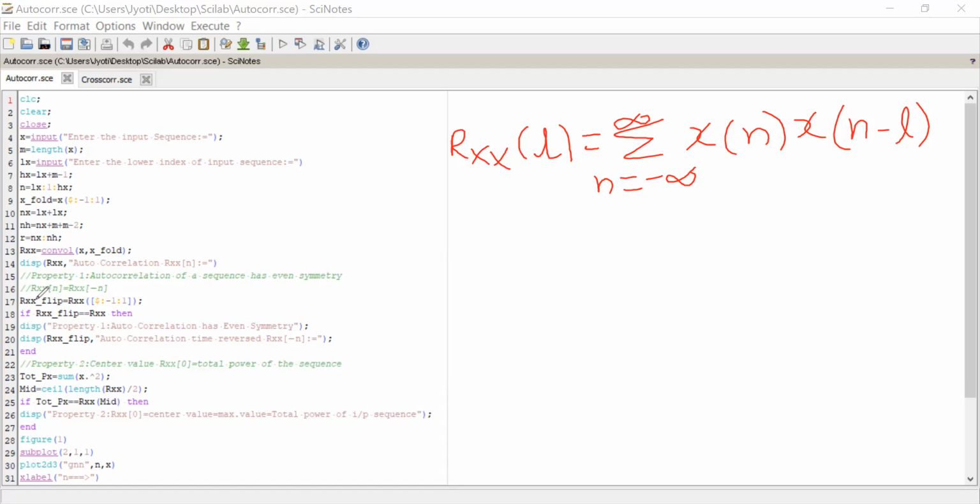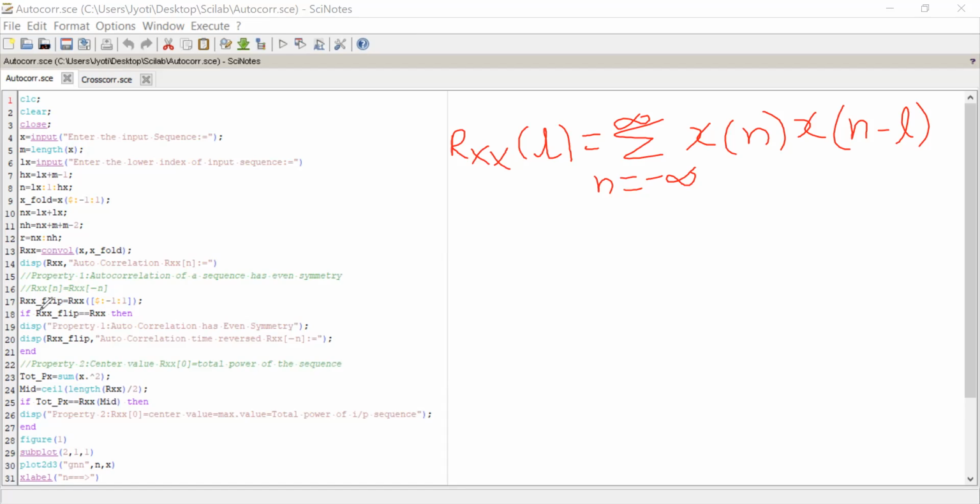Now we will calculate Rxx of minus n, Rxx of flip. Flip means the folded sequence. Rxx of flip is equal to Rxx of minus 1 colon 1, that means Rxx will be folded. If Rxx of n is folded, you get Rxx of minus n, which is stored and assigned to the variable Rxx of flip.